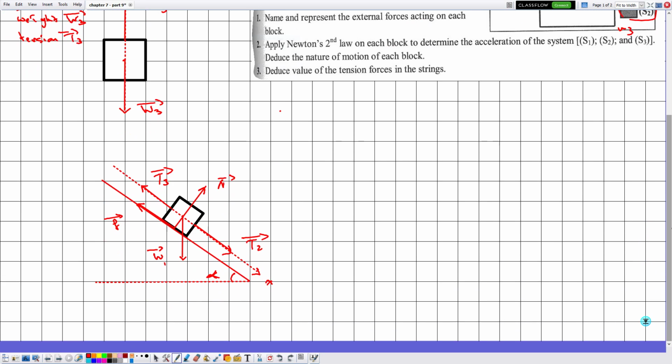Now as for the solid S2, let me mention the forces.